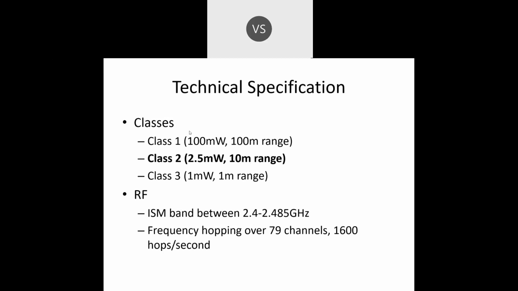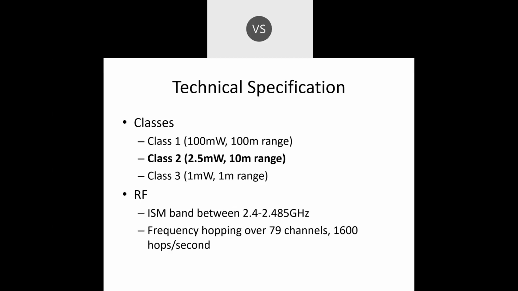Depending on the type of application, different classes of chips are available. It is working on the ISM band, at 2.4 to 2.485 gigahertz. Frequency hopping over 79 channels, 16 hops per second. So it is a secure communication and it uses the frequency hopping spread spectrum technique.